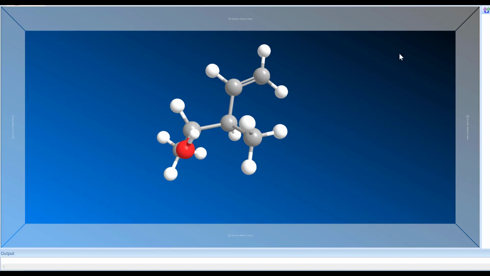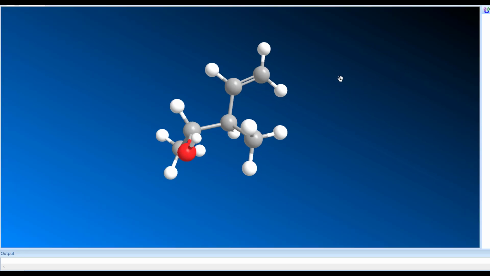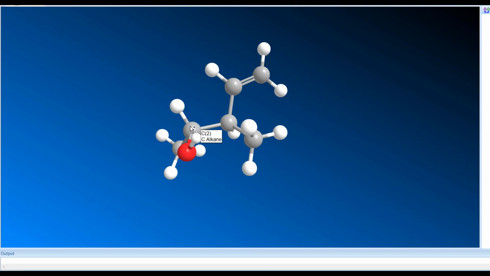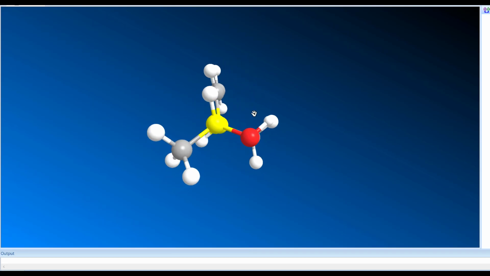So for this problem, I think it's question 12. We have a molecule, and we're asked to look down the second carbon and the third carbon. So we're looking at carbon 2 and carbon 3, and we're going to be looking down the barrel, looking directly down the carbon right there.